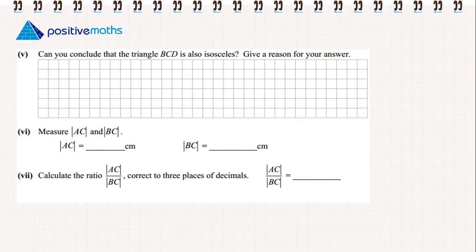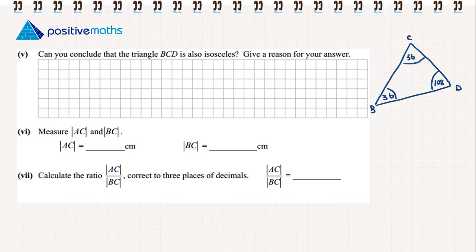Part 5. Can you conclude that the triangle BCD is also isosceles? Give reason for your answer. So just to draw a sketch from the other page. This is similar to what our triangle looked like. We had D, B, C. The angles at B and C were 36 degrees and the angle at D was 108 degrees.